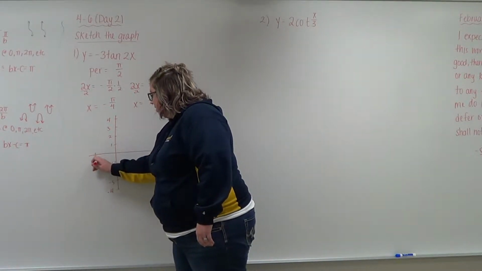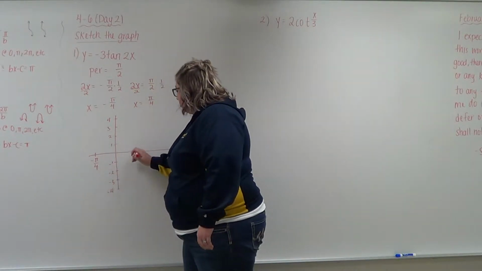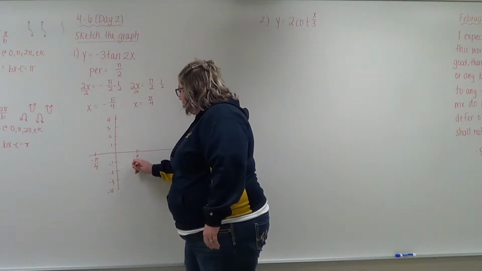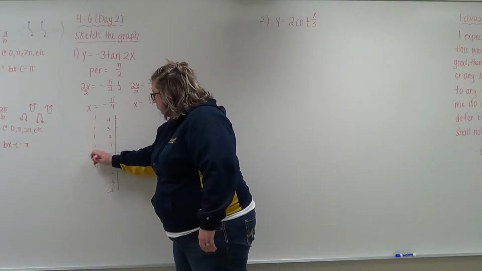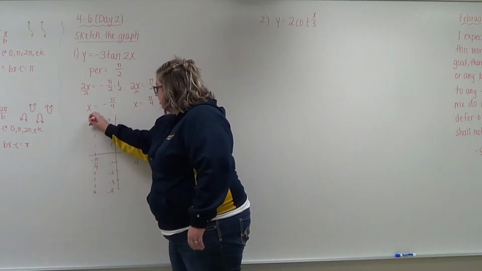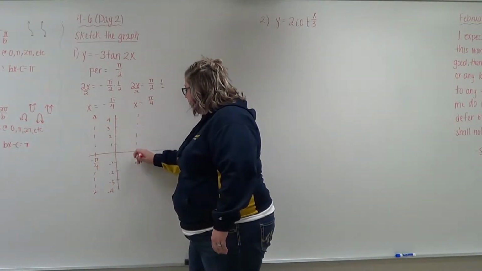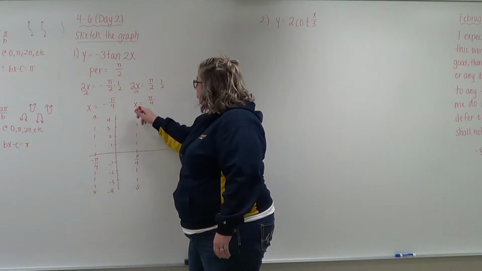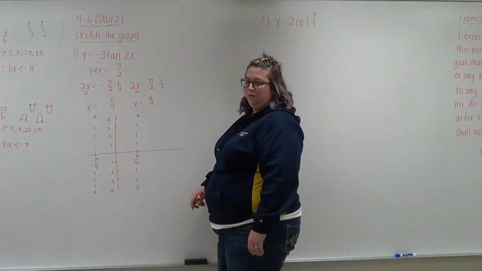And I'm at negative pi over 4 to pi over 4. And this is actually the length of one period. Because the distance between negative pi over 4 and pi over 4 is pi over 2, and that's the length of your period.